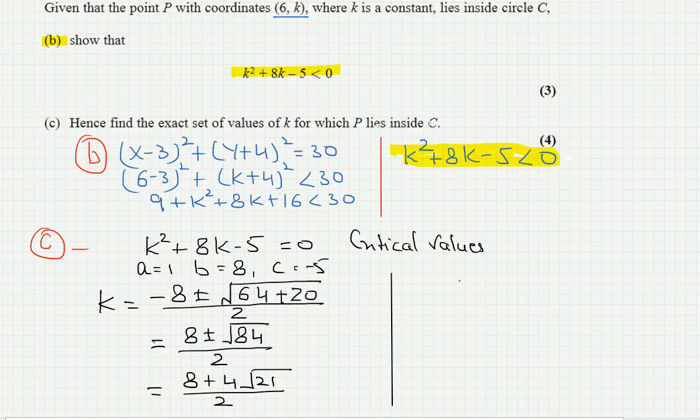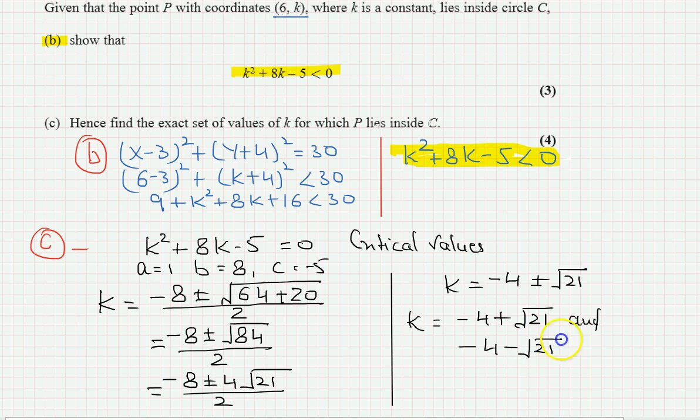We cancel by 2, so k will be minus 4 plus root 21 and k will be minus 4 minus root 21.